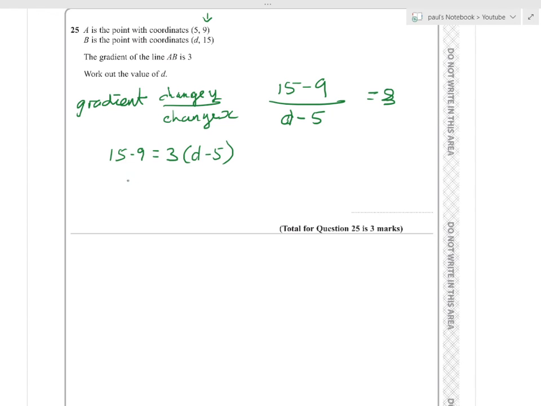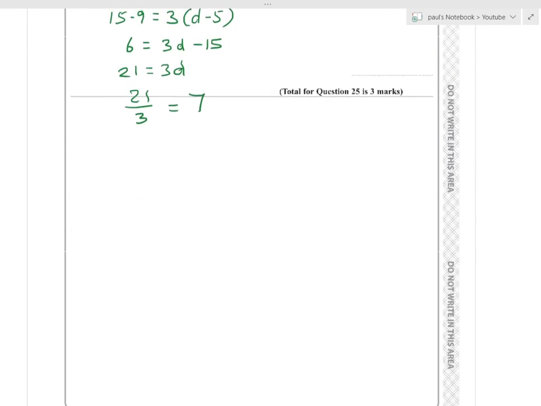So 15 minus 9 is 6 equals 3d minus 15. So add 15 to both sides, you've got 21 equals 3d. So 21 divided by 3 equals 7. Okay, that's better.